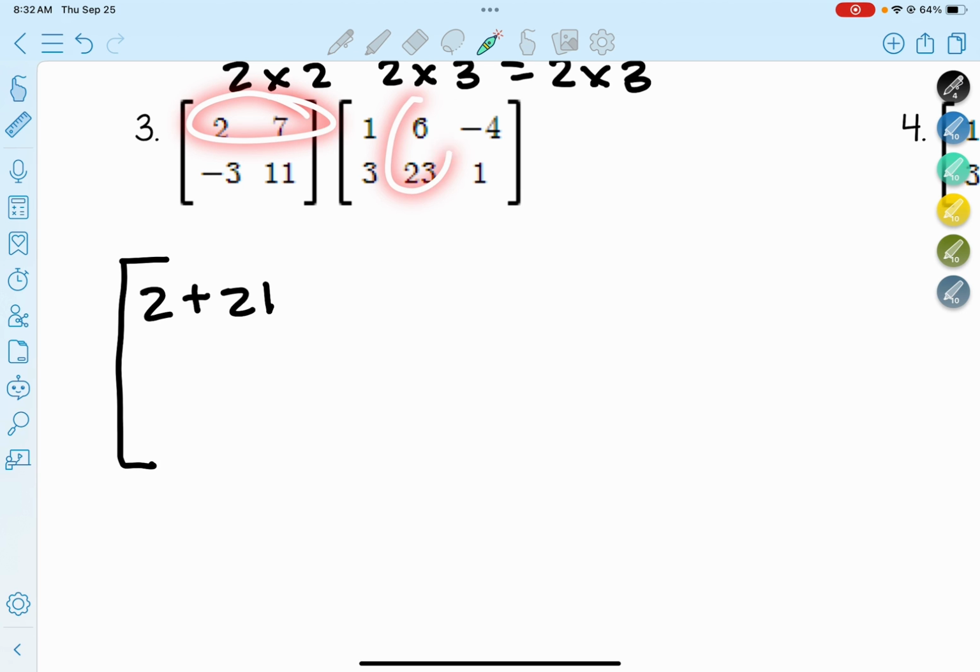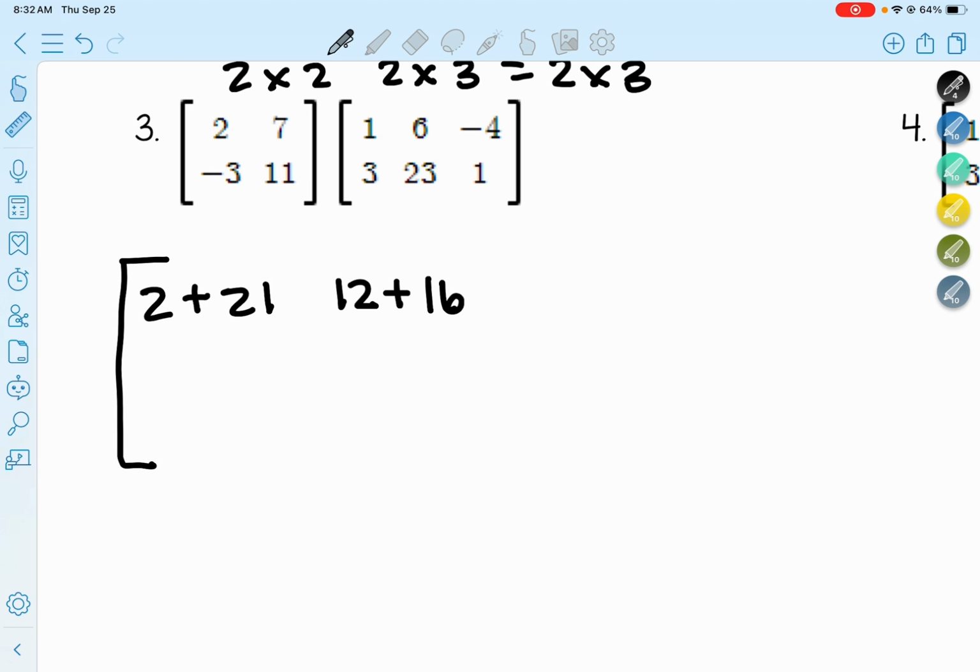Now I go first row, second column, 2 times 6 is 12, plus 7 times 23, which is 161. Then I go first times last, so 2 times negative 4 is negative 8, plus 7 times 1, which is 7.